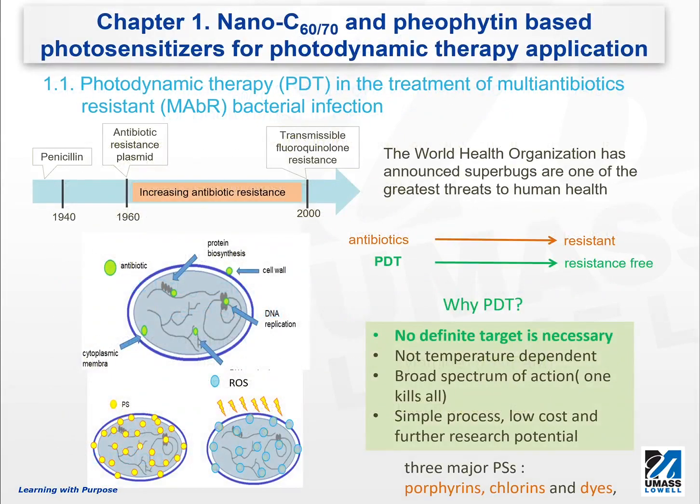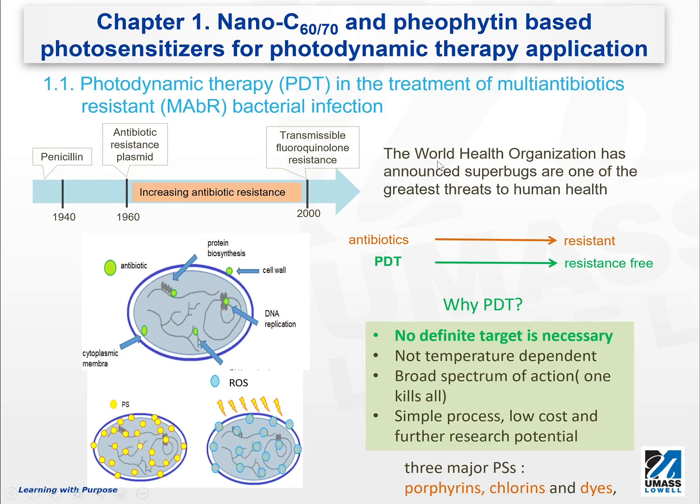So in first chapter, since penicillin was found in 1940, only after 20 years in 1960, people have already found the antibiotic-resistant plasmid. And since that time, the antibiotic resistance keeps rising.